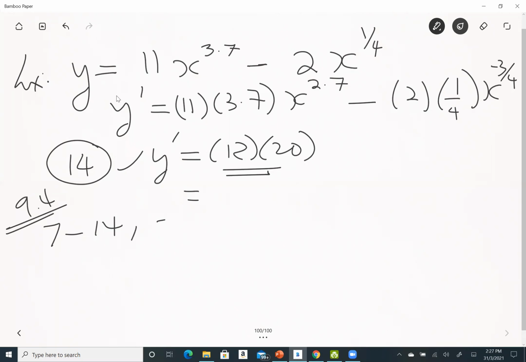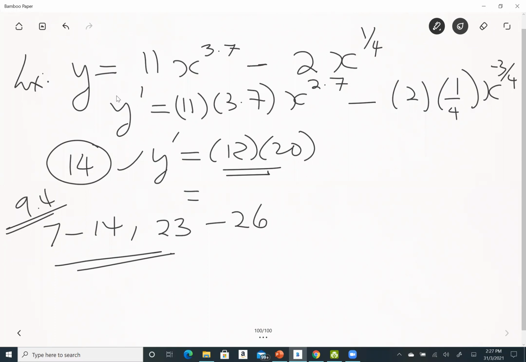And then do number 23 to 26. I think that is enough questions to practice. Here you have the coefficient rule, power rule, sum and difference rule, and constant rule. If you want to do more, you're welcome. So that is 9.4.